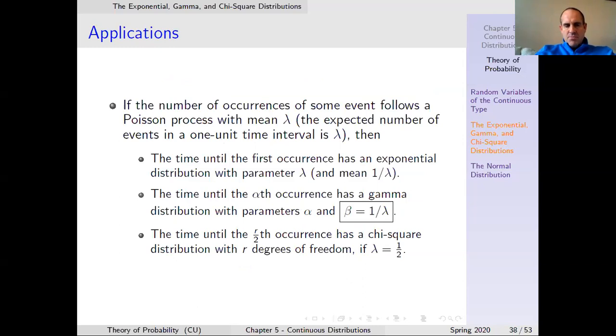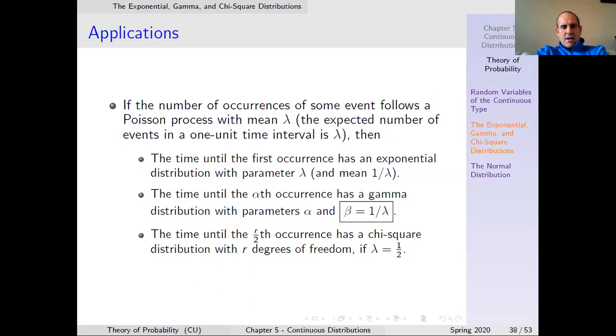Again, just wanting to remind you yet again, if we have a Poisson process with mean lambda, that is, the expected number of events in a 1-unit time interval is lambda, then the time to the first occurrence of an observation has the exponential distribution with parameter lambda. And of course, the mean is 1 over lambda, okay? Time until the alphath occurrence has the gamma distribution with parameter alpha, and then we have this weird transition to beta, which happens to be 1 over lambda, okay?